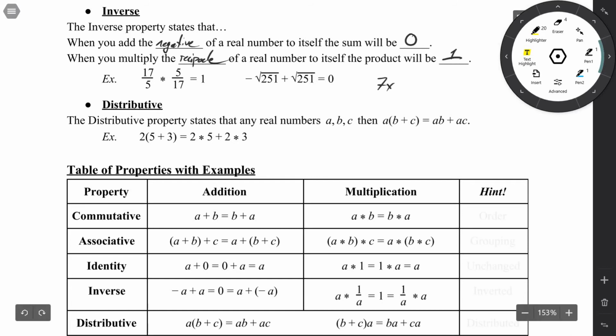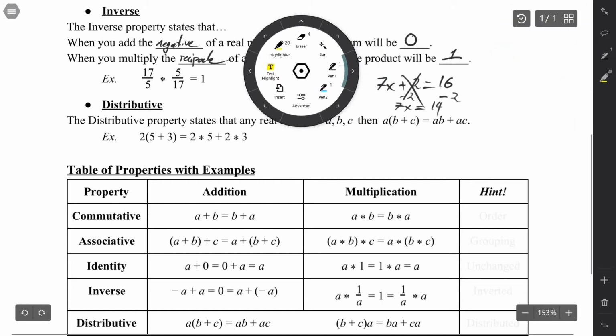So if we have 7x plus 2 equals, let's say, 16, the inverse property is what we use to say, well, if we're going to get rid of this 2 here, we'll just add the negative, which is going to be negative 2. But we have to do that to both sides, of course, and that's how we know this cancels out. And then we would get 7x equals 14.